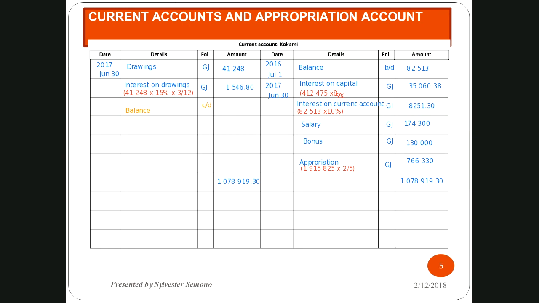And immediately when you say balance carried down, you must bring it down on the other side like before. It must be the next month of the next financial year, so on the first of July, not June. Then we say balance brought down.